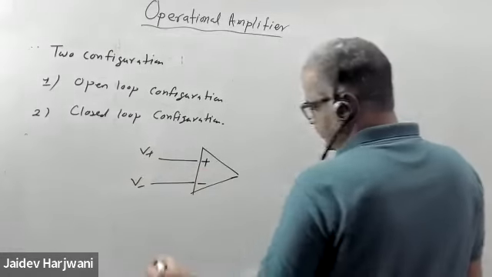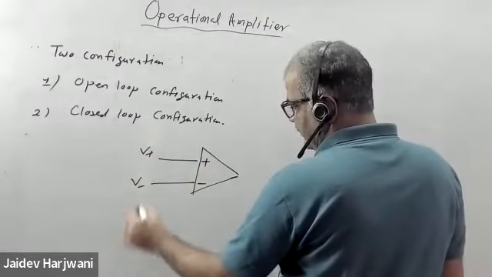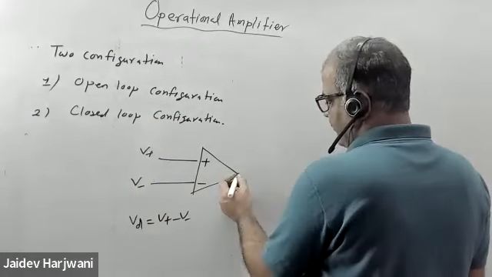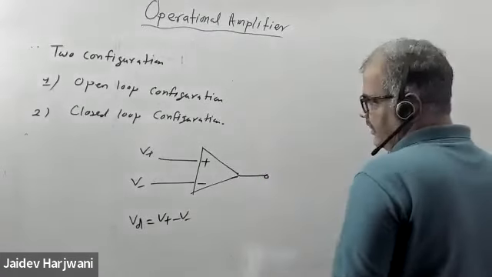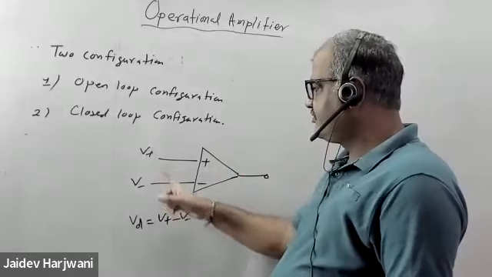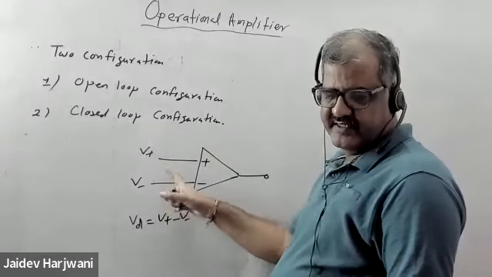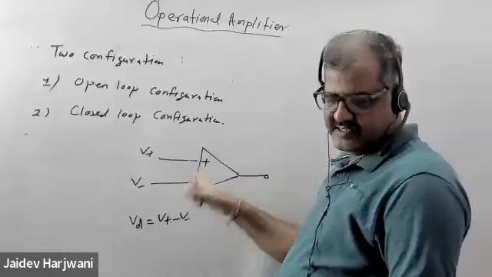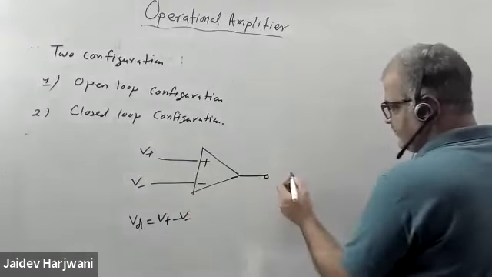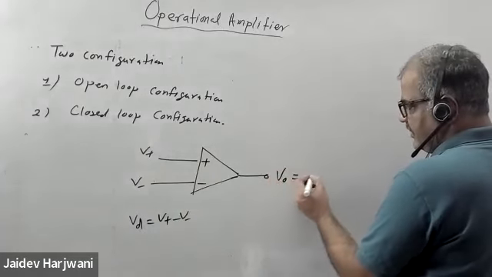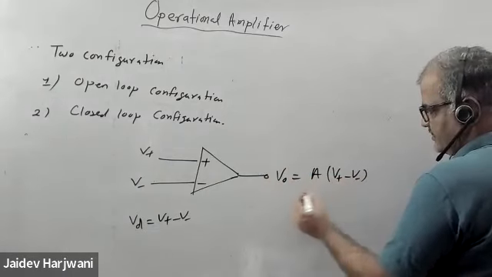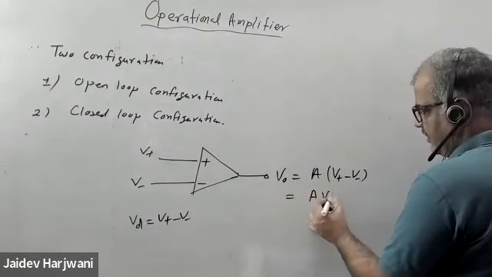The difference of these V plus and V minus is V plus minus V minus. So what will be the output? Your operational amplifier amplifies the difference of voltages at its two inputs. That's why it is also called a difference amplifier or differential amplifier. So your V output will simply be A times (V plus minus V minus), which you can call A VD.